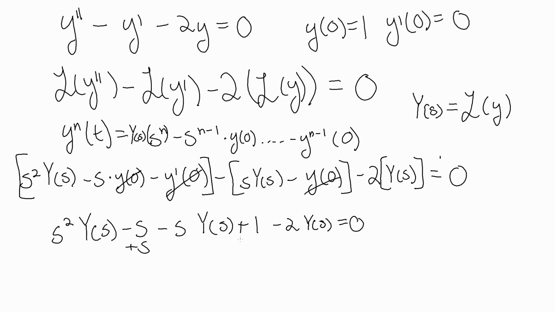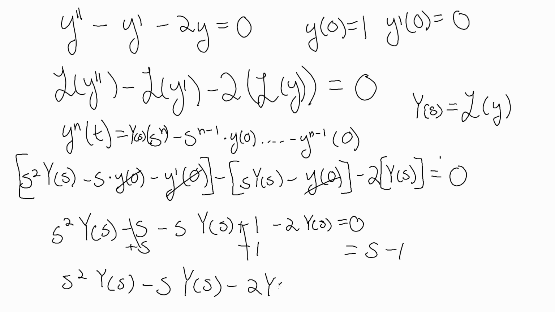This actually here should be a plus, so this would be minus 1. So these cancel out, and on the right hand side we have s minus 1. So s squared Y of s minus s times Y of s minus 2 times Y of s equals s minus 1. And now you'll notice that every term on the left hand side has a Y of s. So we can factor that out and reorganize this equation.